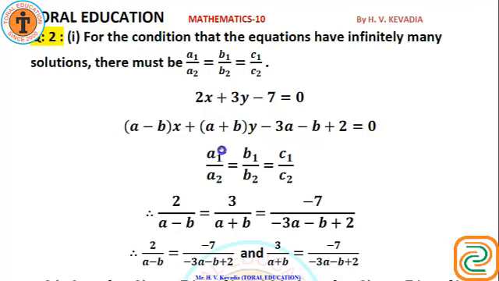So here we have a1 upon a2, b1 upon b2, c1 upon c2. This 2 is a1 and a minus b is a2. 3 is b1, a plus b is b2. Minus 7 is c1 and minus (3a minus b plus 2) is c2. Okay. Now look here: a1 means 2 upon a minus b, 3 upon a plus b equals minus 7 upon minus (3a minus b plus 2).